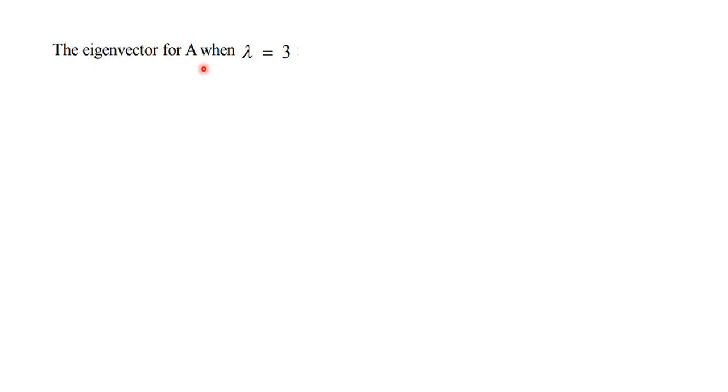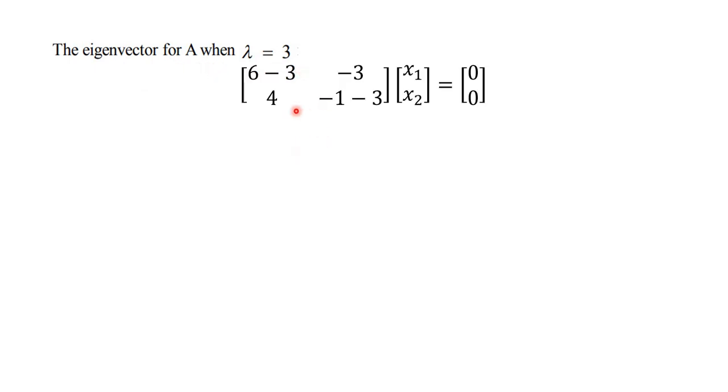First we find the eigenvector for A when lambda equal to 3. That is, we have the matrix A as [6, -3; 4, -1]. So for the eigenvector corresponding to lambda equal to 3, we take the determinant A minus 3I.